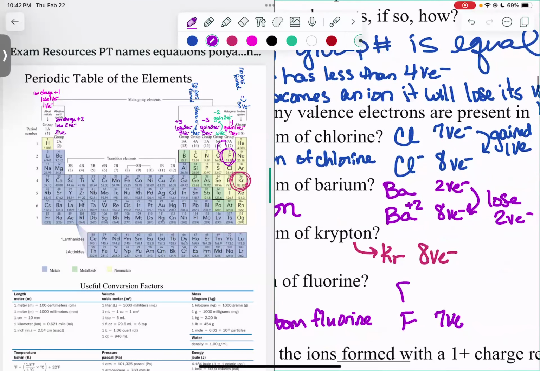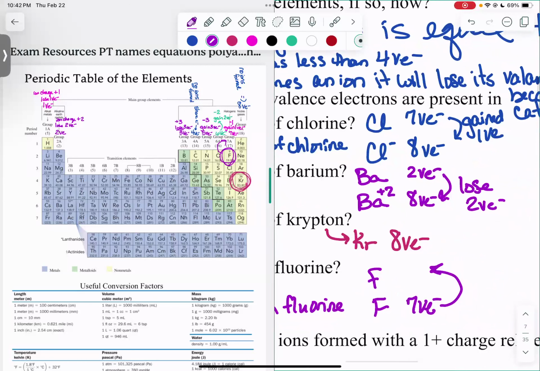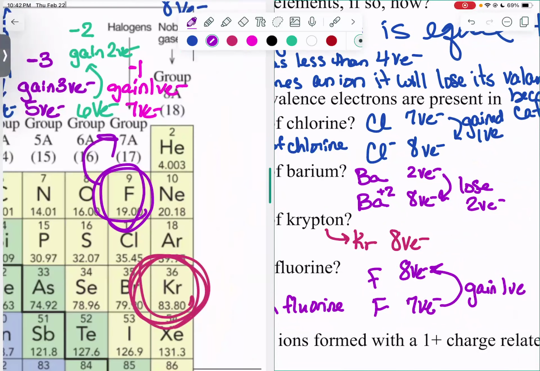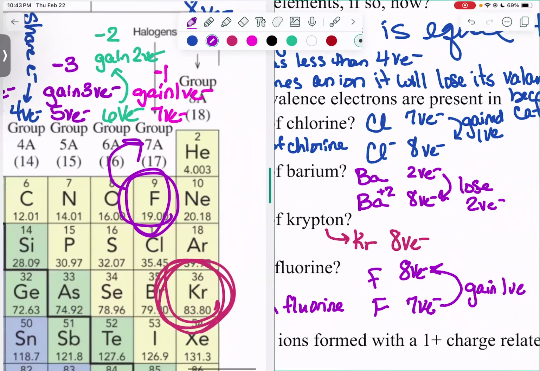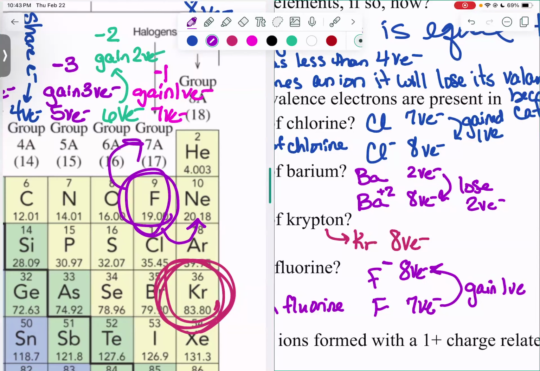So now an ion of fluorine, to go from an atom to an ion, what's going to end up happening is fluorine's going to gain 1 valence electron, and now it's going to have 8 valence electrons. So if here is fluorine, fluorine's number 9, it's going to gain 1 more valence electron. Who's it going to look like? It's going to look like neon, and it's going to have that complete outer shell. And so we say it is F-, and we don't put the 1 because it's chemistry, and we know the 1 is understood.